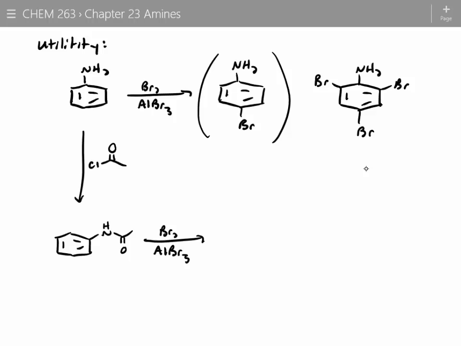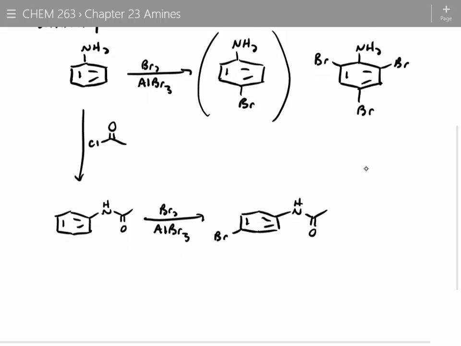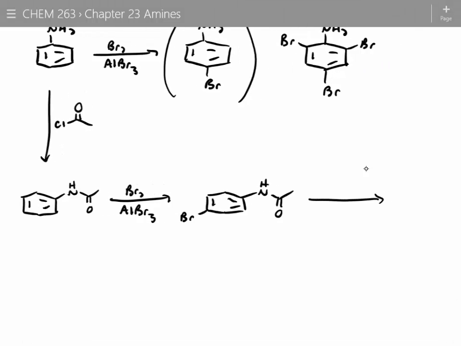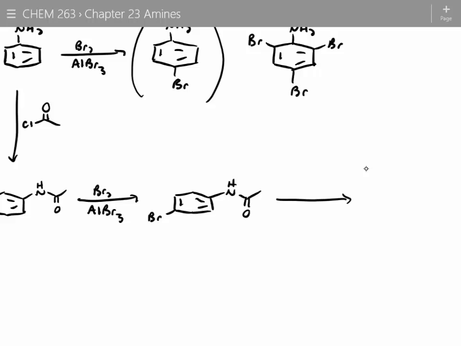It's going to be ortho-para. It's a weak activator, because that carbonyl is not attached directly onto the ring, so we can get our bromine installed there. And then, if we want, we can try to get back to our para-bromoaniline.